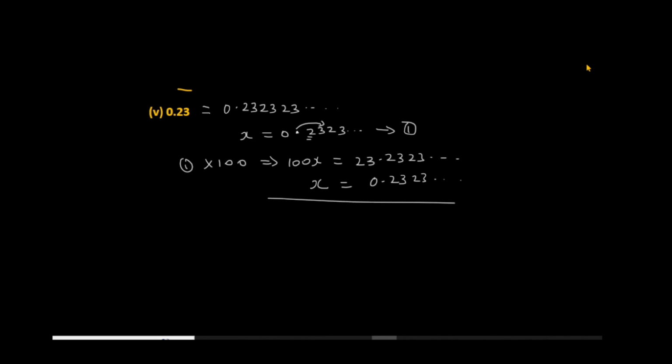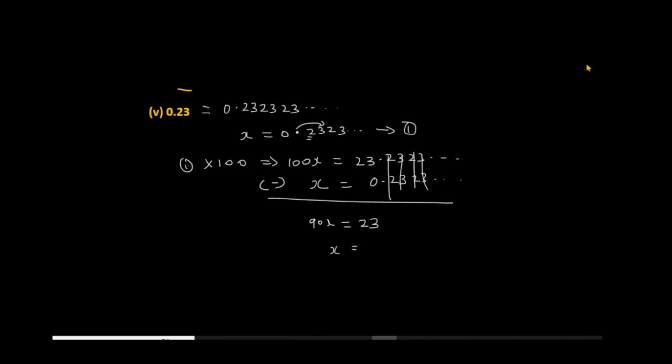So when we are subtracting these two, easily we can cancel the decimal part. 2323, 2323, everything cancelled. Only we are having the integral part. So 23 on the right hand side, and 100x minus x is nothing but 99x.